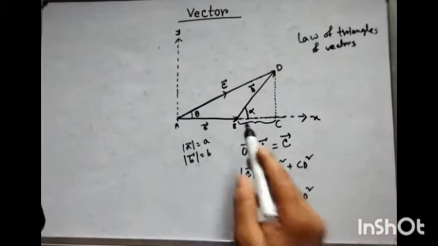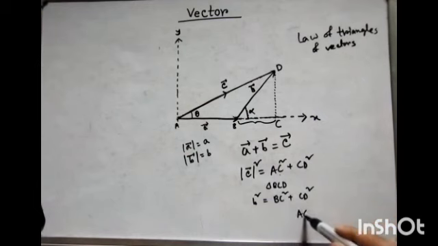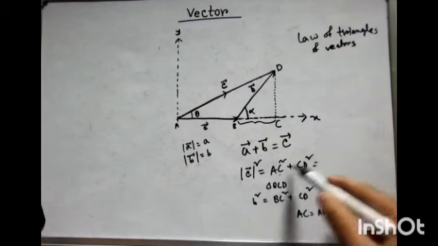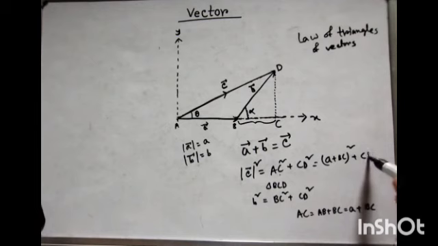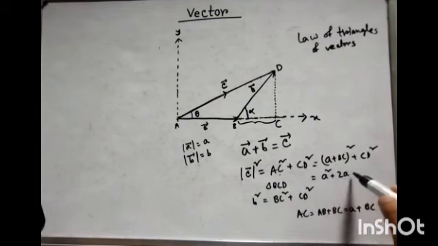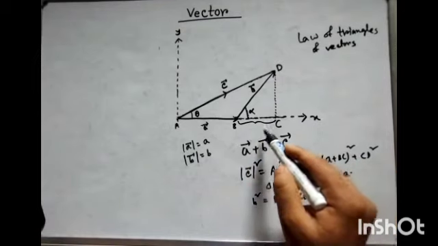Now AC is equal to AB plus BC, so AB is A, and A plus BC. So this is (A plus BC) square plus CD square, so that is A square plus 2 into A into BC.